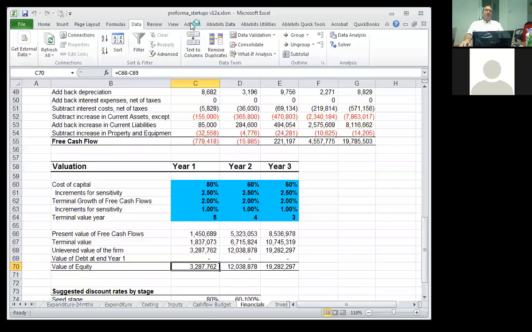So basically, there are 6 fundamental methods we can use to value companies, but only 3 of those are useful in valuing startups.